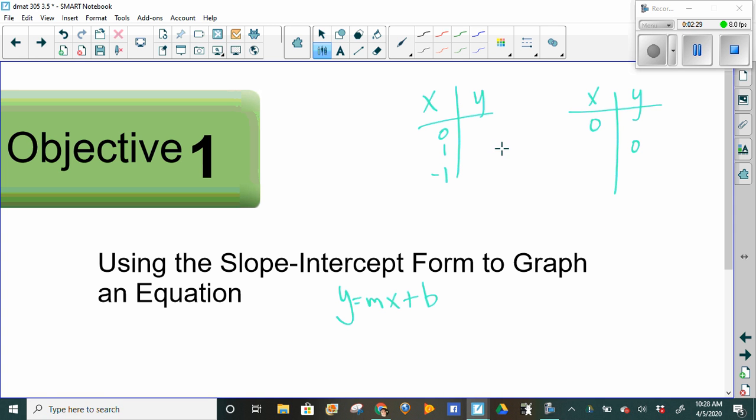And we had to do this by creating a table. So we would have to take the equation, and however many values of x or y we had, we would have to do the math 3 times or 4 times or whatever on the same equation. Well, now you're going to be able to look at the equation and graph it based on the numbers that are in the equation. It's much easier and a little less time consuming as well.